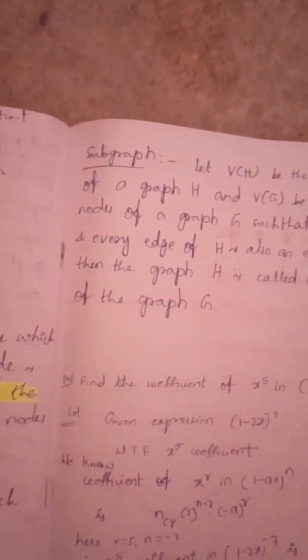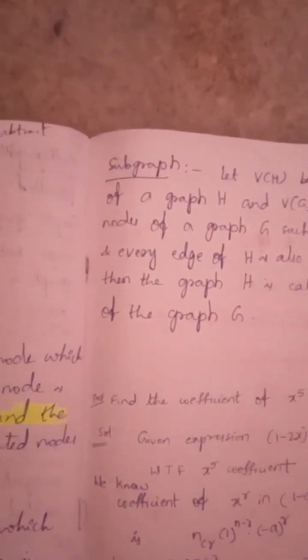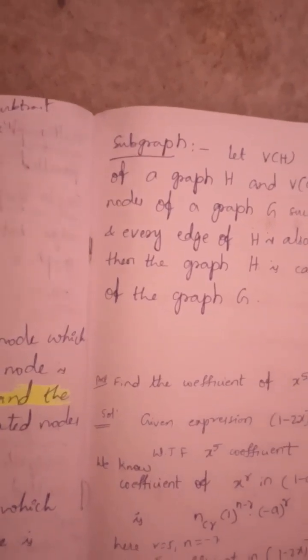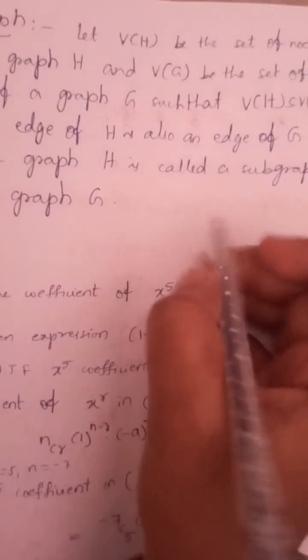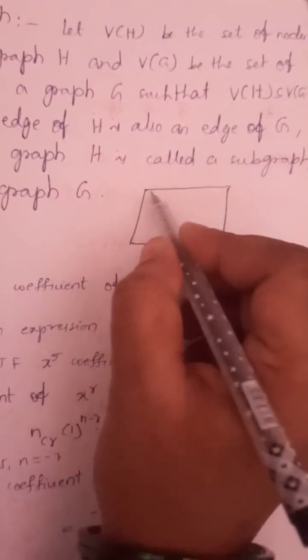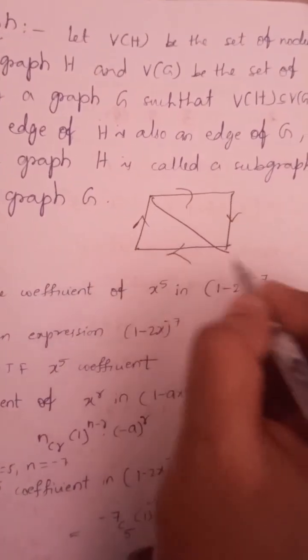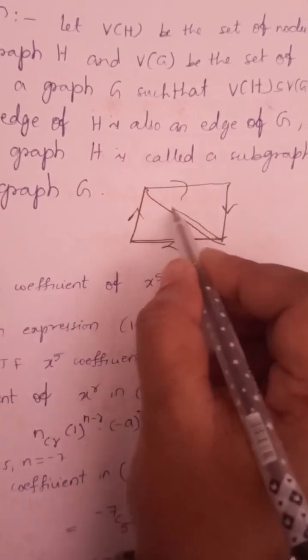For example, let me draw a diagram for subgraph. In case a graph is like this, this is the main graph and this is a subgraph.